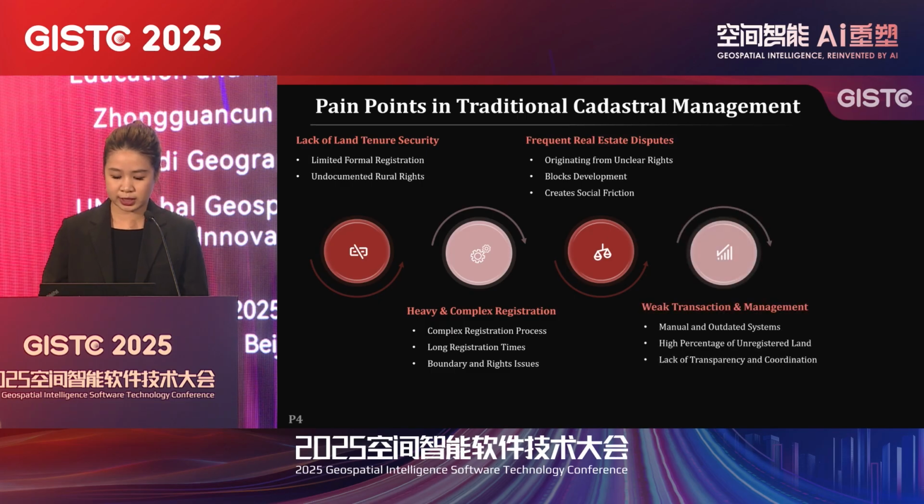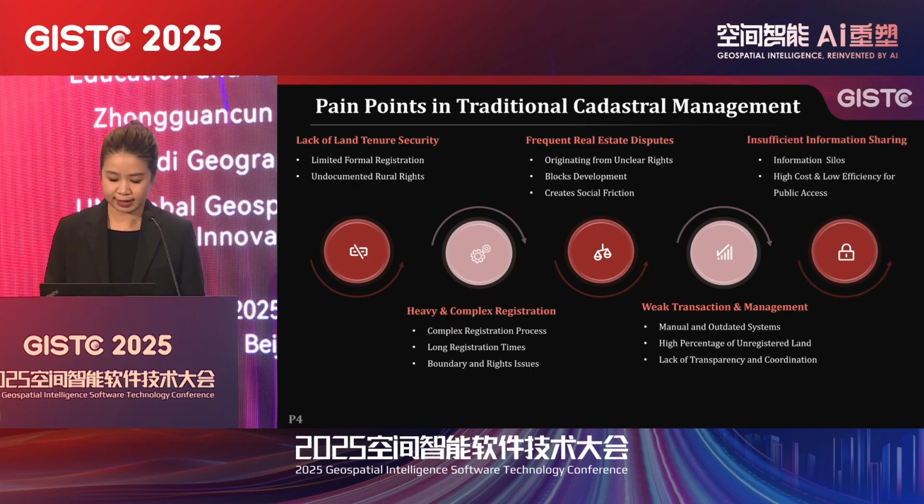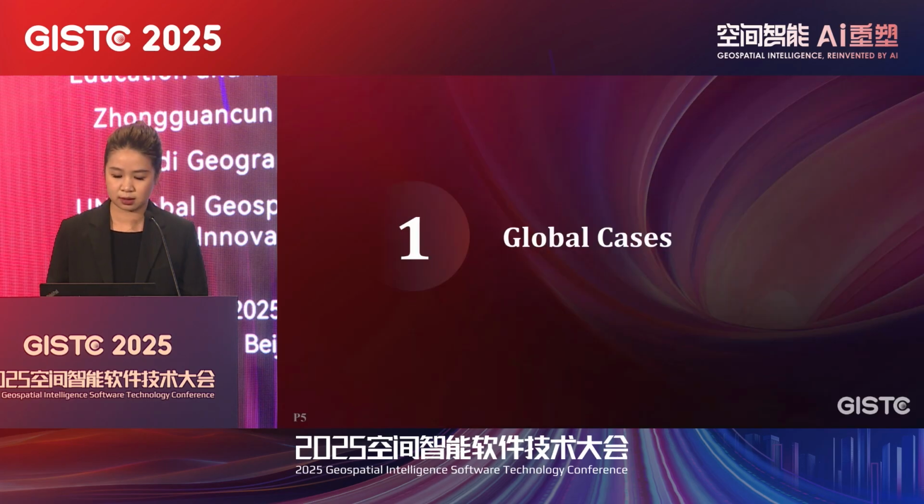Additionally, weak transaction and management systems rely on outdated methods, such as manual land registers and a lack of transparency. Finally, there is insufficient information sharing, with cadastral data often siloed and hard to access. Modernization aims to address these challenges for stable land administration and growth.